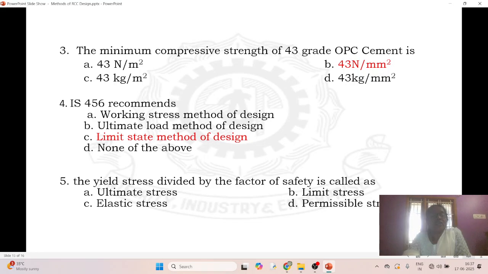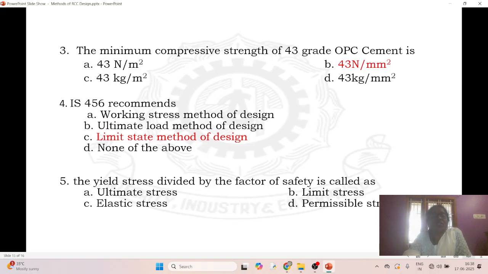The next one: IS 456 recommends working stress method of design, ultimate method of design, limit state method of design, or none of the above. In the working stress concept, the materials behave like elastic. In the ultimate load method, we consider only the ultimate load carrying capacity of the materials.